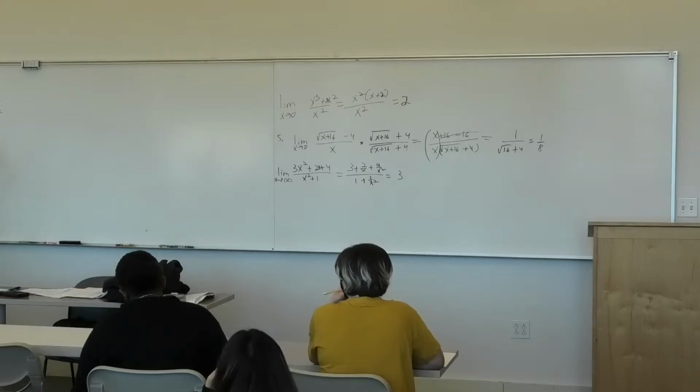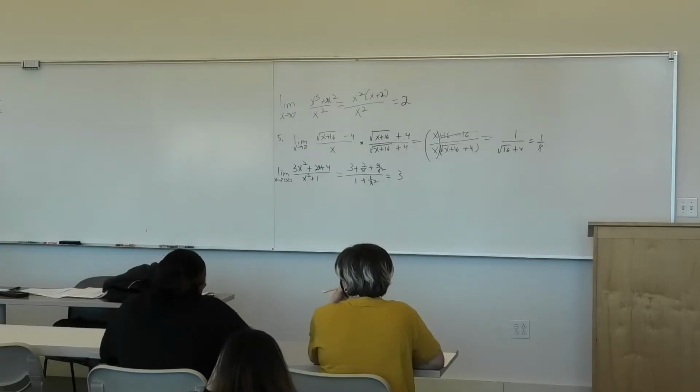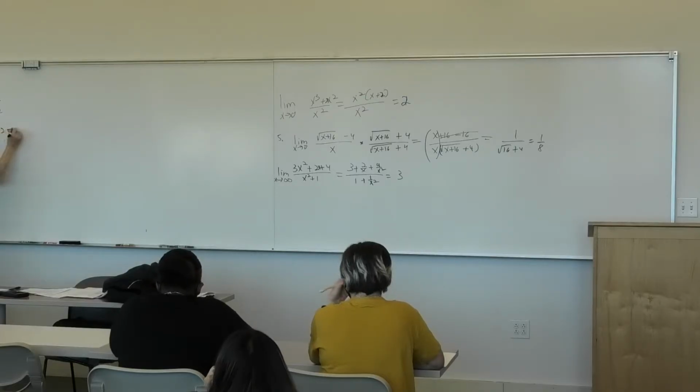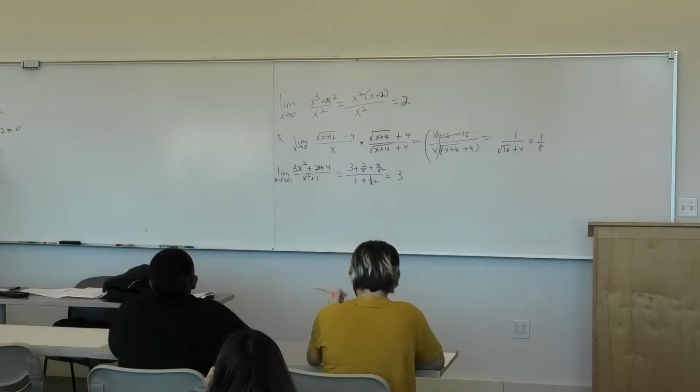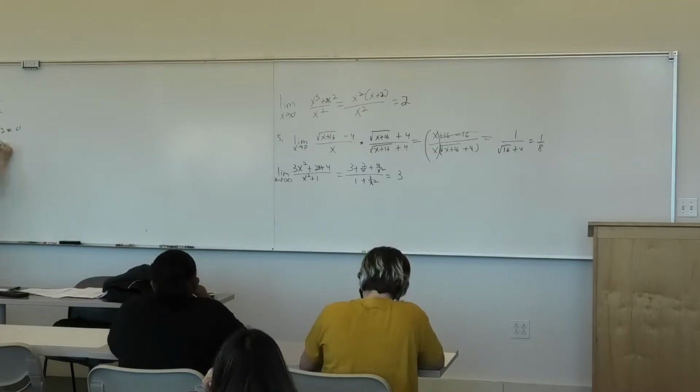So this is a rational function. Rational functions are continuous on their domain, but their domain does not include places where their denominator is 0. So the real question is, where is x squared plus 3x plus 2 equals 0? Well, we know how to do that. x plus 1 times x plus 2 equals 0.